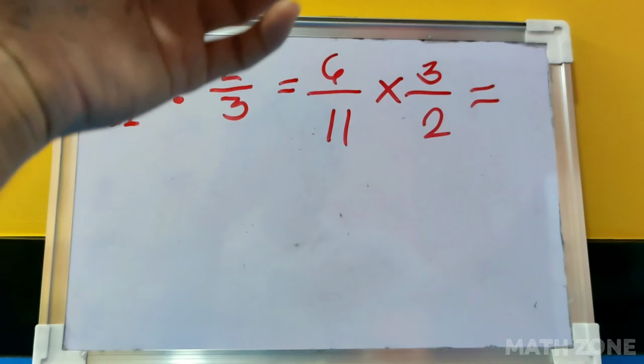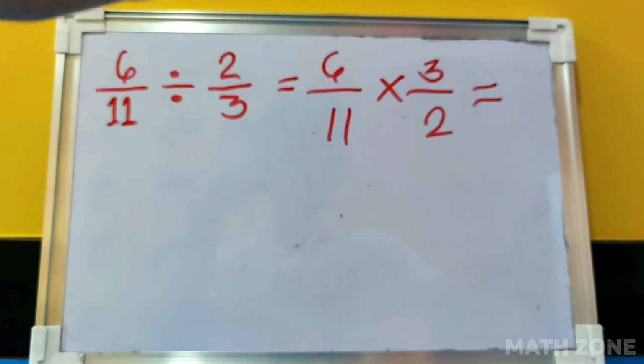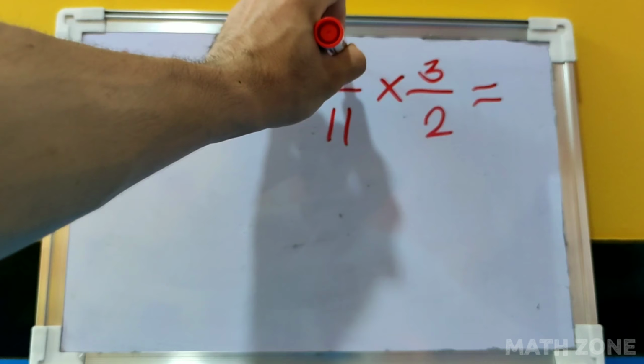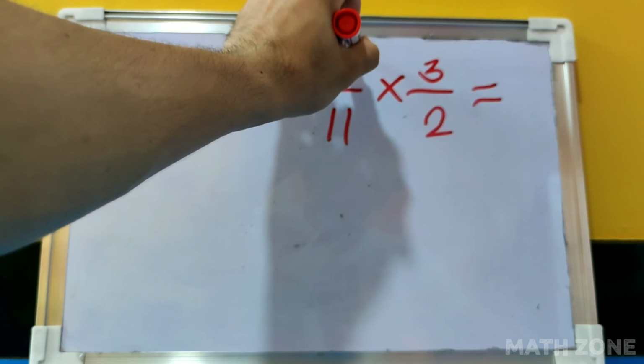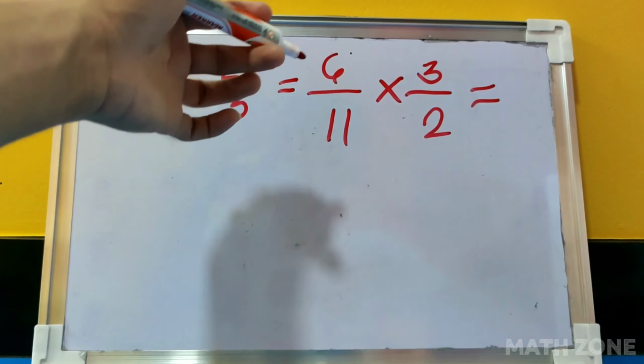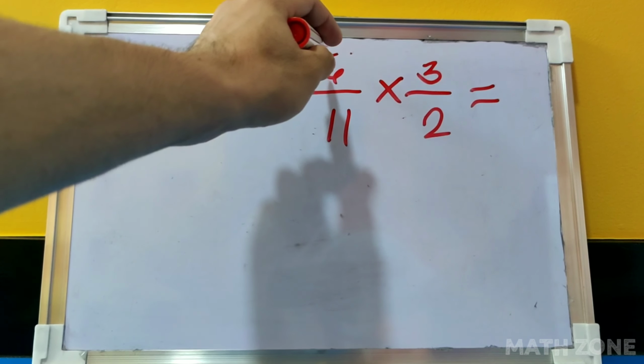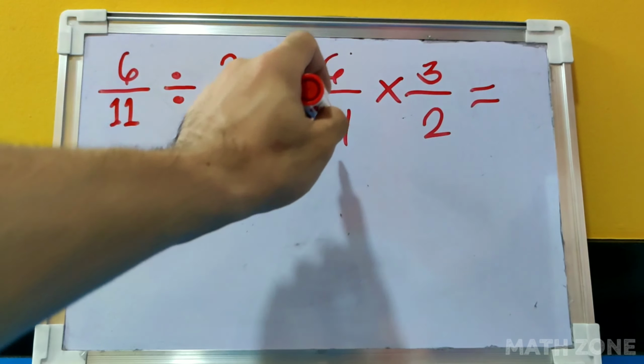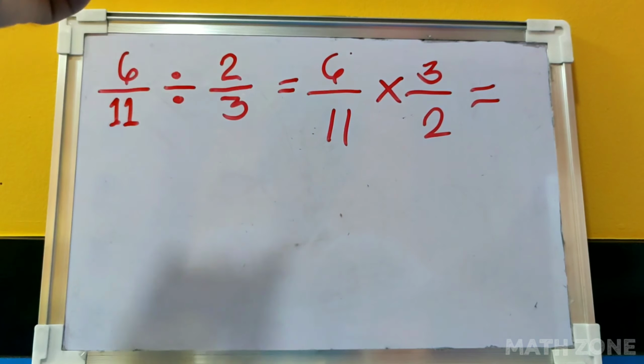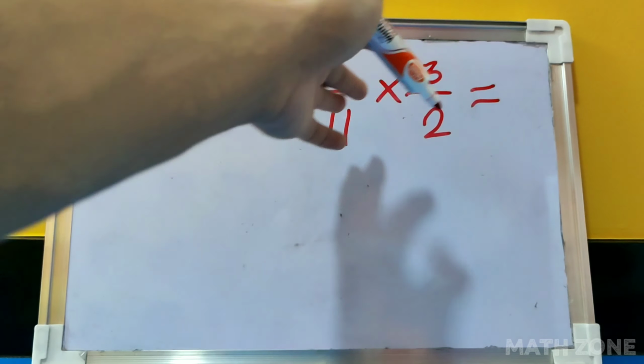Now we have a new equation of 6/11 multiplied by 3/2. This is multiplication of fractions, so we can still apply cancellation. We need to find a number that can divide 2 and 6 or 3 and 11. For 3 and 11, there's no number that can divide these numbers.